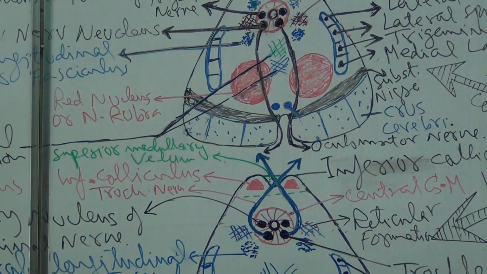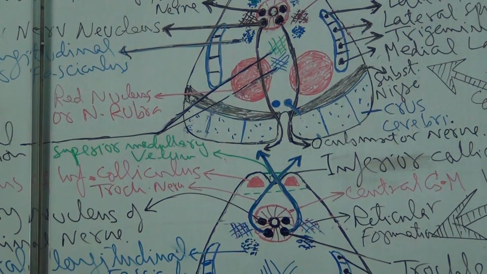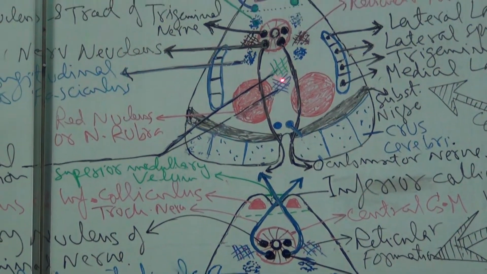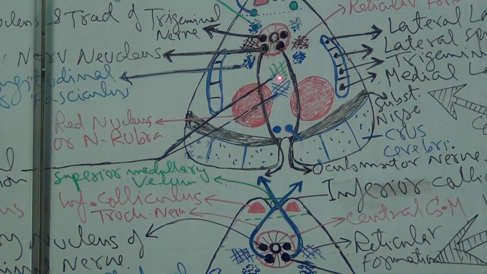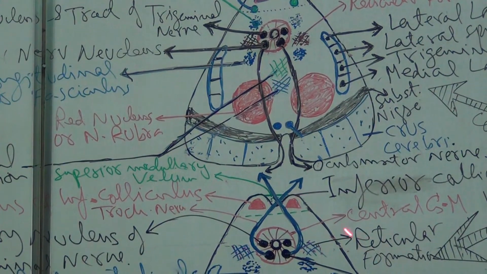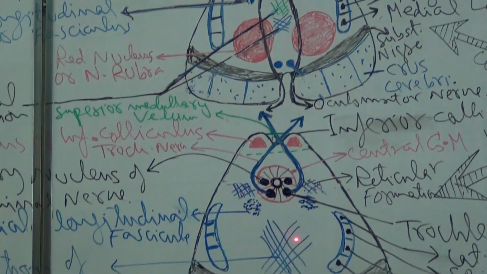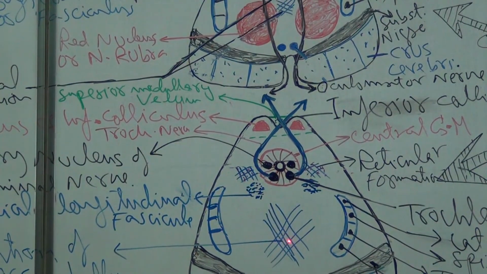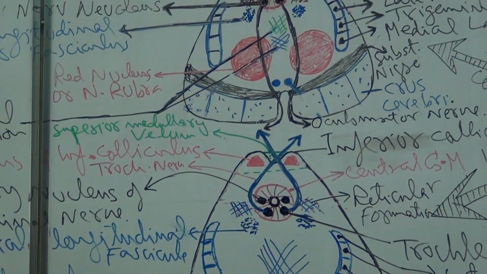Now, what are the structural differences in tegmentum and tectum? In the upper half of the midbrain, there is the tegmental decussation just in front of the central gray matter, while in the lower half it is the decussation of the superior cerebellar peduncle. This is one difference.